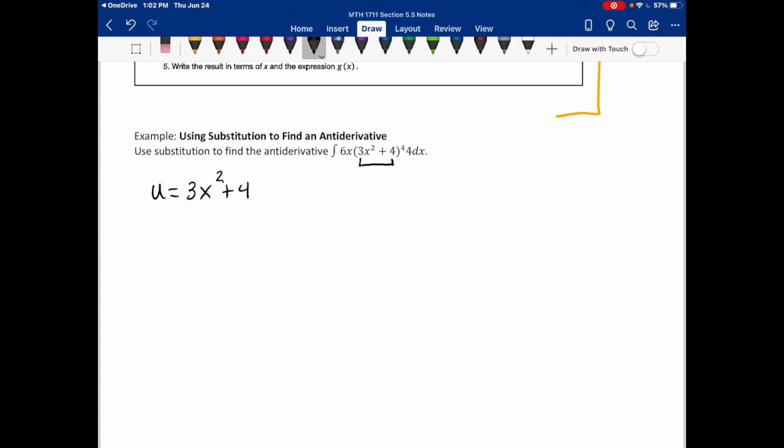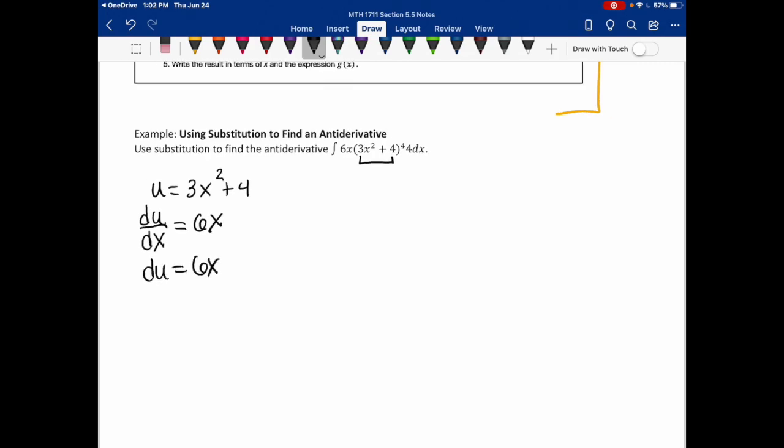Like I said, sometimes your first substitution doesn't work and you have to try another one, which is totally fine. Once you find your substitution, you're going to find du with respect to x, because our variable here is x. When I do that, I'm going to get 6x. Then I'm going to multiply both sides by dx, so I get that du is equal to 6x dx.